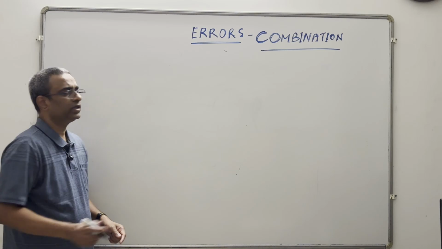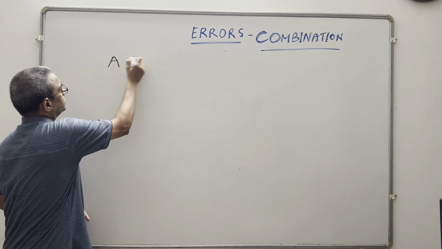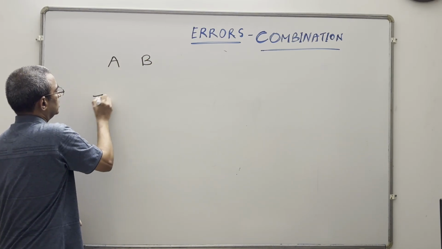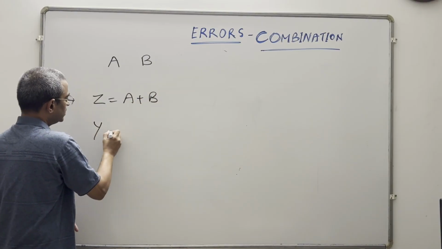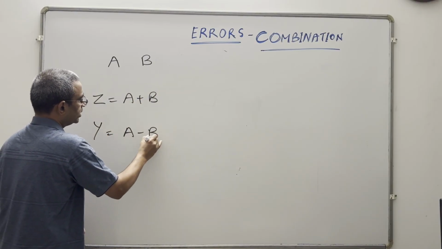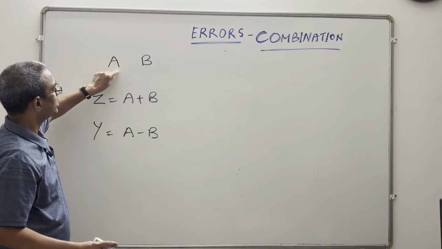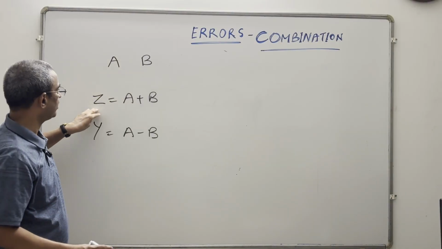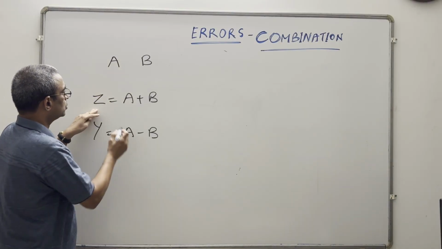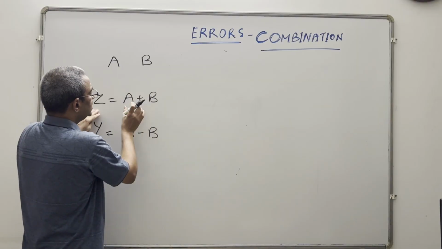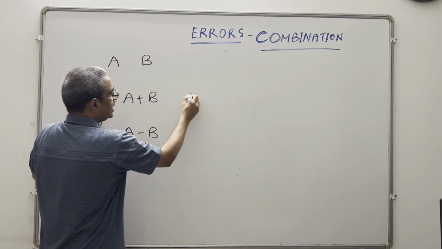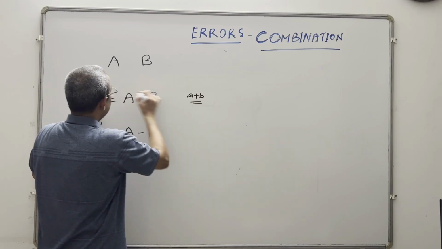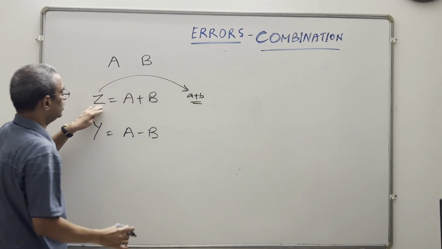Let us say we are adding two quantities A and B. Z is equal to A plus B. And let us say we are subtracting two quantities. So what happens to the errors in measurement in the final product? Whatever is the error in A and whatever is the error in B, they get added up in the final value.